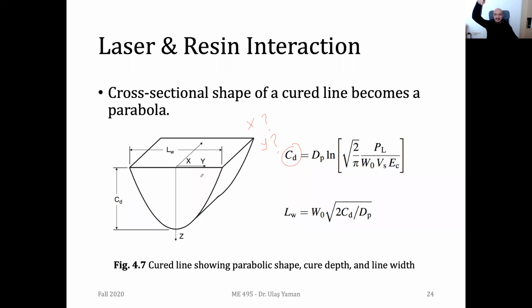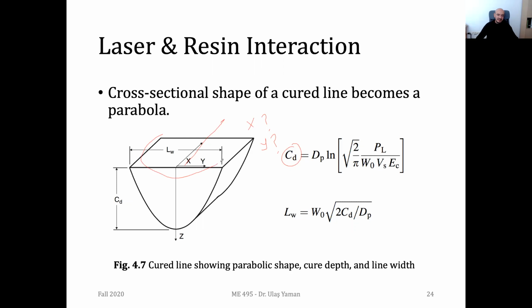So we have a laser moving on the table, and this is curing the resin while moving. And what do you think? In which direction can we have such a cross section? X direction. Yes, you're right. Since this will be the movement while it's moving, I'm trying to draw it.